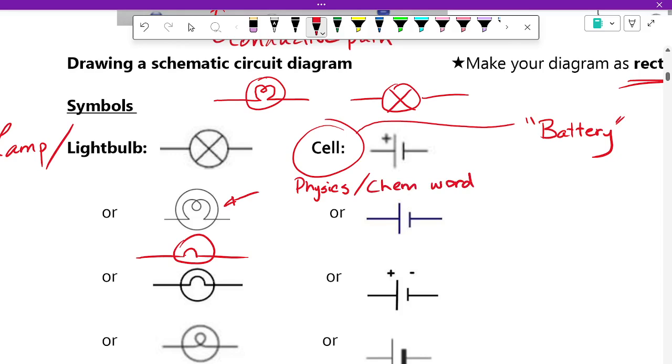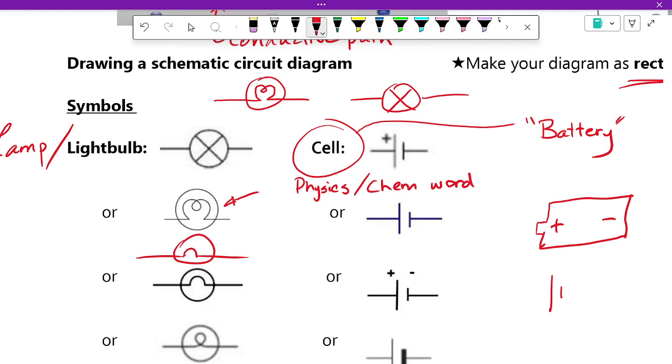And instead of drawing this whole thing with a plus and a minus, we just draw plus and minus. The plus is the long one, the minus is the short one. I guess that kind of makes sense because positive is bigger than negative. Yeah? And then the wire is just a line.